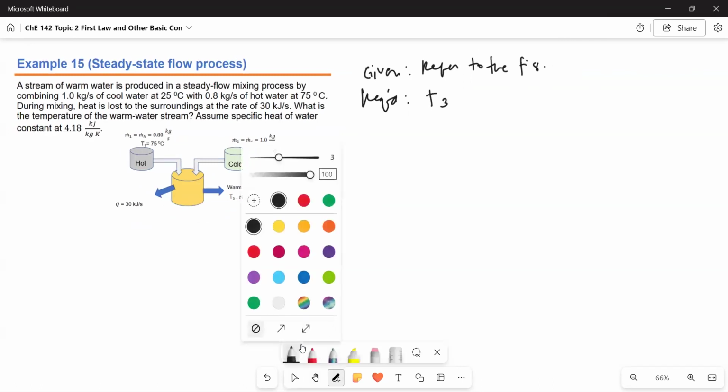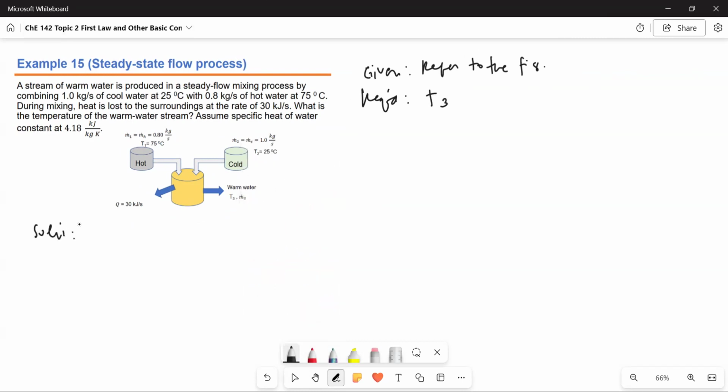Let's try to solve the problem now. Solution. For the solution, assume steady state, SS for steady state.